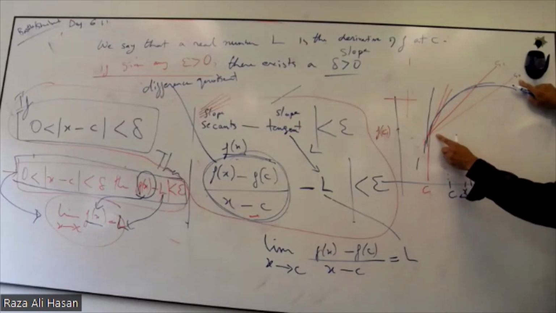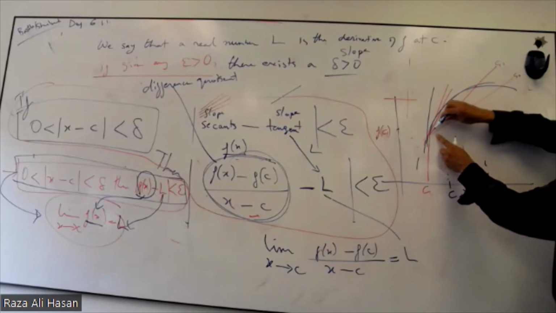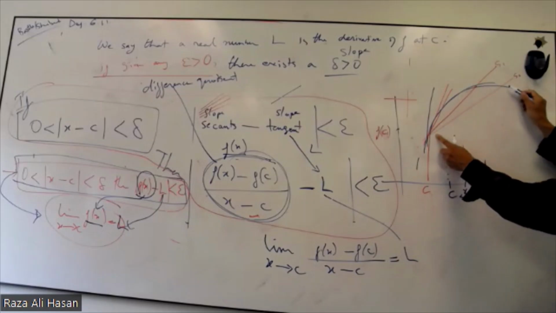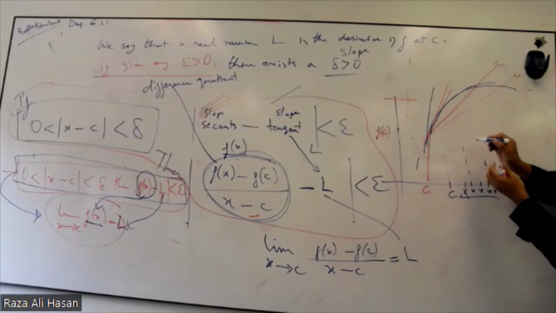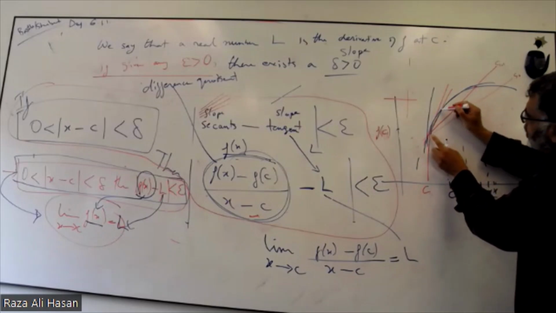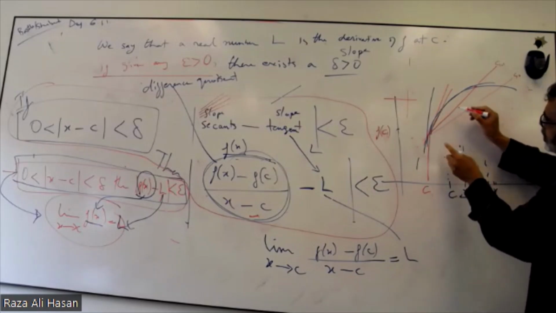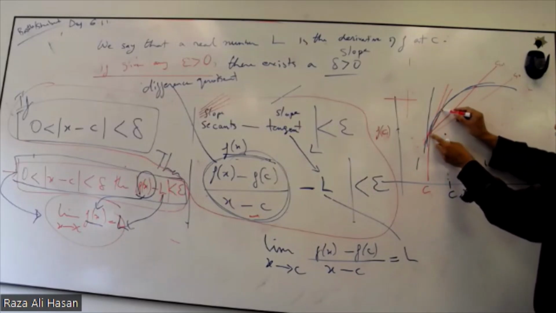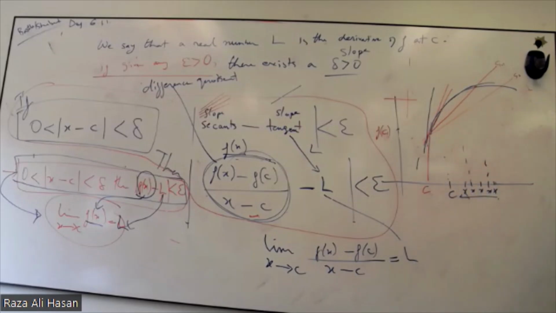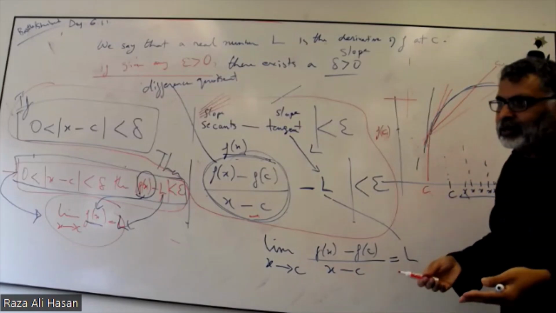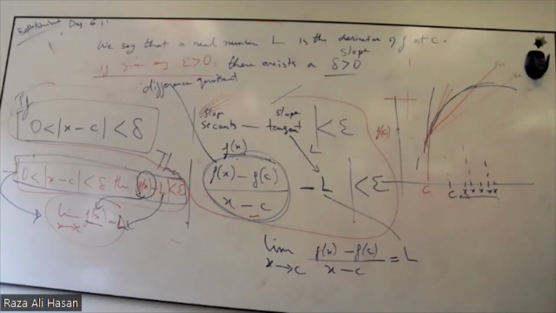This secant line gives you the slope of this whole graph starting from here and here. This secant line gives you the slope from here to here. This secant line gives you the slope between here and here. And then this one here gives you the slope right here, which you cannot figure out because you need 2 points to figure out a slope, because we don't have a formula.